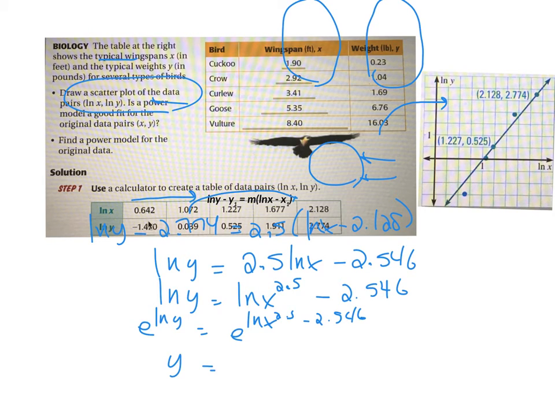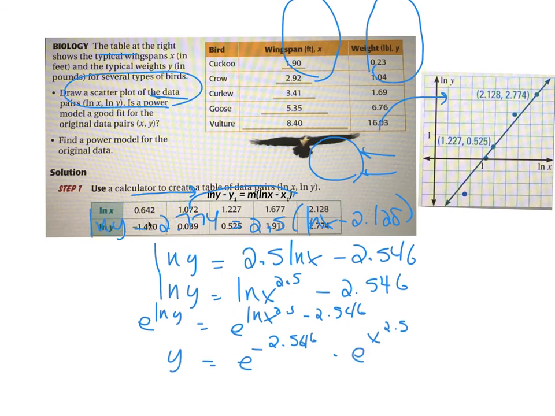Over here on the right-hand side, all I'm going to get is my e to the negative 2.546, because there's really two e's over here since it's subtraction, times e to the x to the 2.5 power.